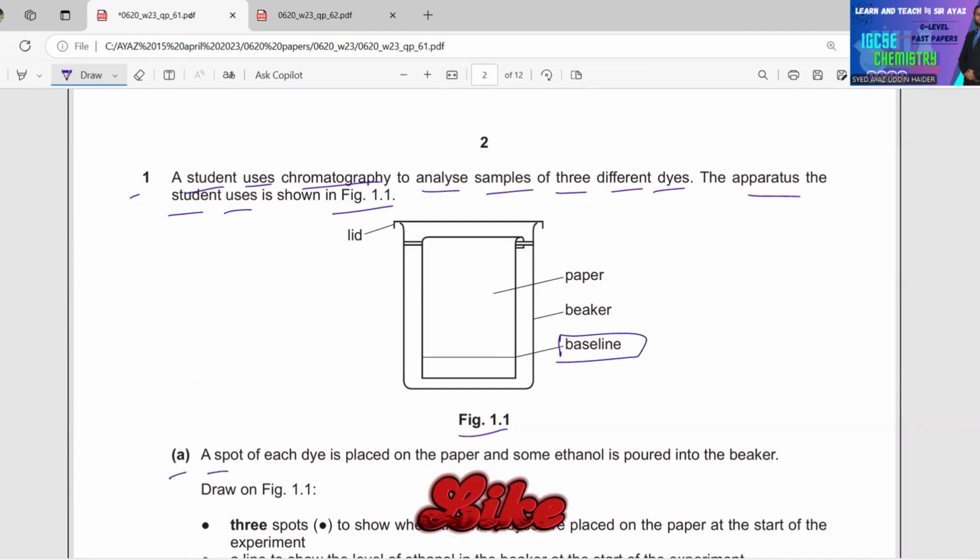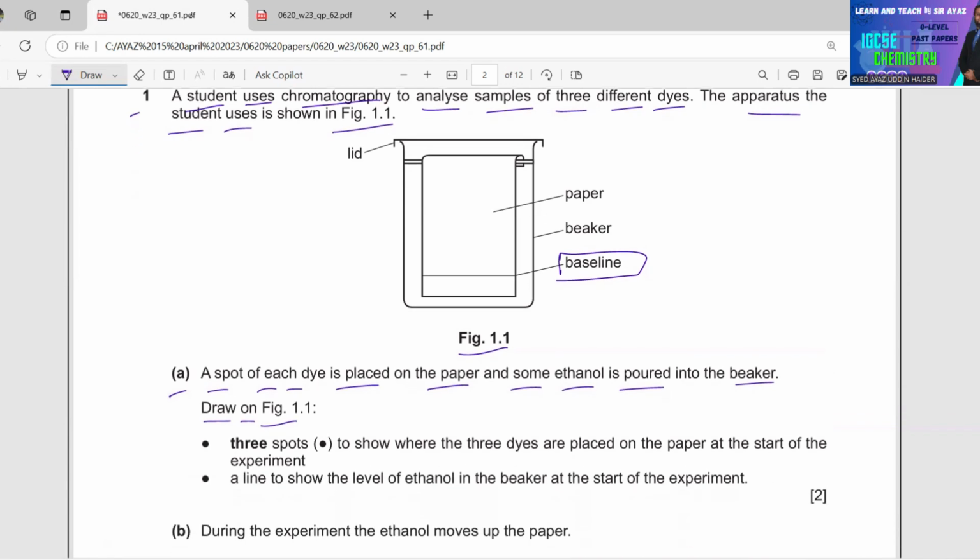A spot of each dye is placed on the paper and some ethanol is poured into the beaker. Draw on figure 1.1 3 spots in the form of dots to show where the 3 dyes are placed on the paper at the start of the experiment.